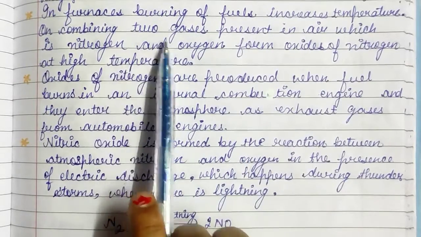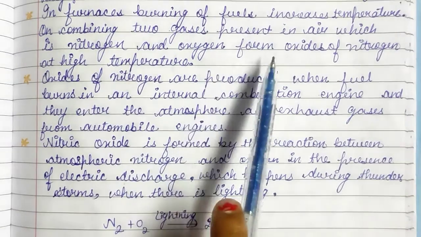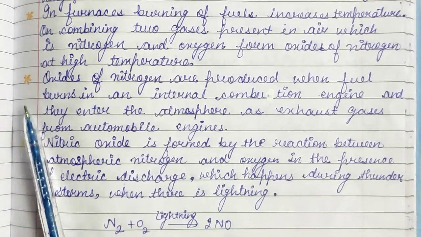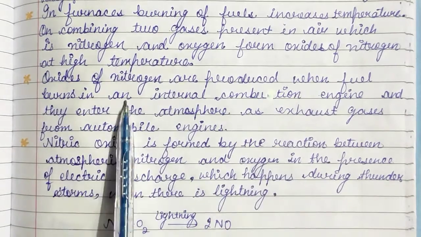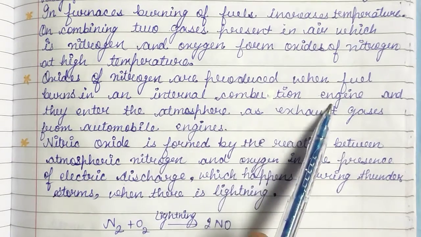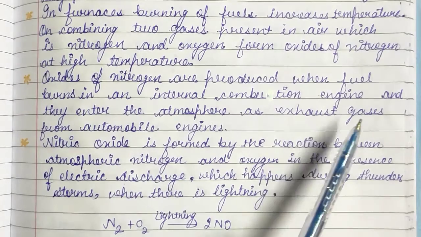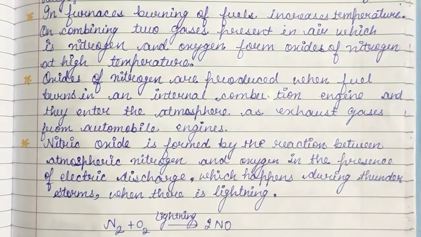Two gases present in air, nitrogen and oxygen, combine at high temperature to form oxides of nitrogen. Number 2, oxides of nitrogen are produced when fuel burns in an internal combustion engine and they enter the atmosphere as exhaust gases from automobile engines.